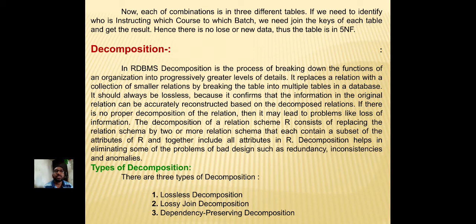The decomposition of a relation scheme R consists of replacing the relation scheme by two or more relation schemas, each containing a subset of the attributes of R and together including all attributes in R. Decomposition helps in eliminating some of the problems of bad design such as redundancy, inconsistency, and anomalies.